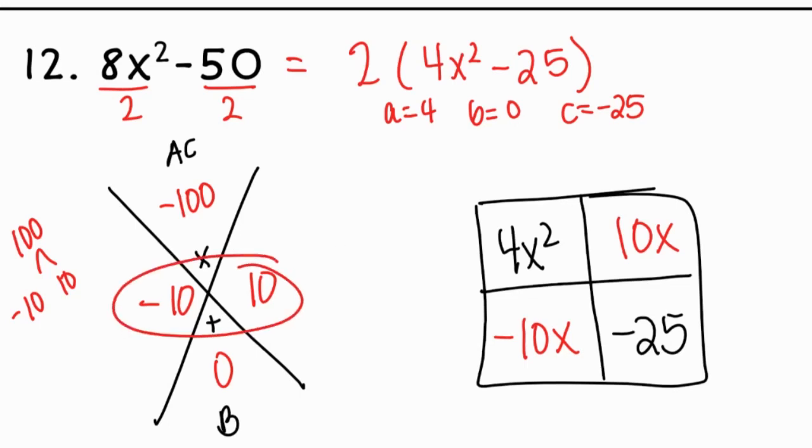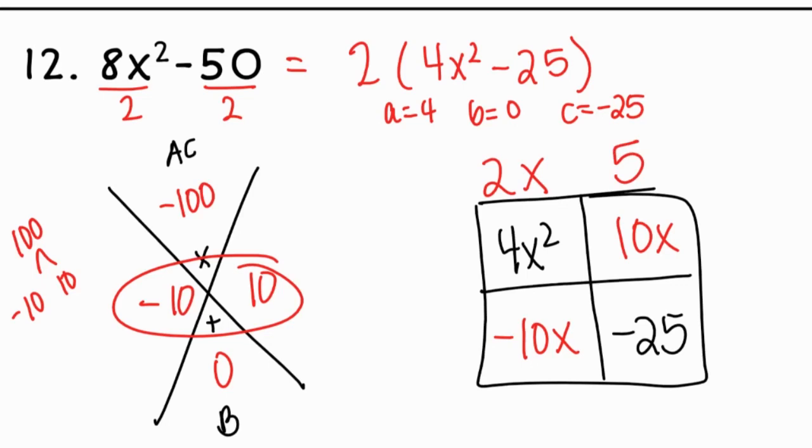Okay, so let's find our GCFs. For this first column, 4x squared and negative 10x, they have an x in common, and they also have a 2 in common because both of them are divisible by 2. 10x and negative 25, they don't have any x's in common, but I do know that 5 divides both of them.